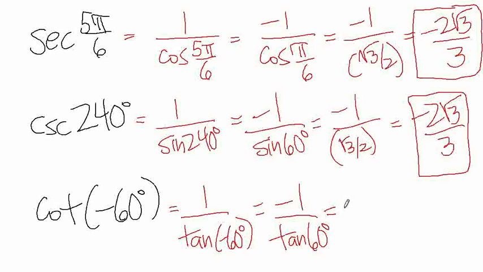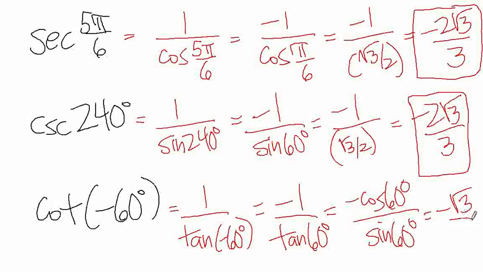That may have been a quicker way to get to this step. So then this is minus cosine of 60 over the sine of 60. The cosine of 60 degrees is 1/2. The sine of 60 degrees is square root of 3 over 2. So I'll let you do the intermediate steps on paper, but that would give me minus 1 over root 3, or equivalently minus root 3 over 3.